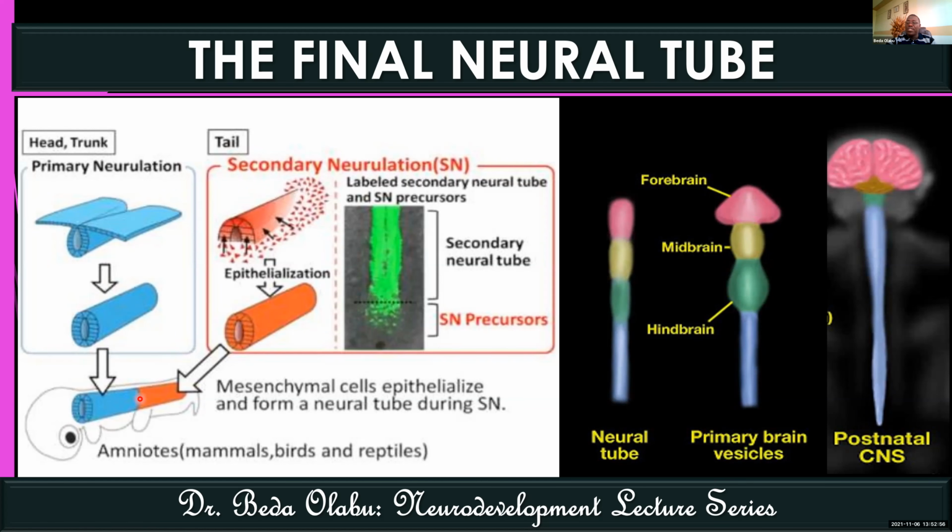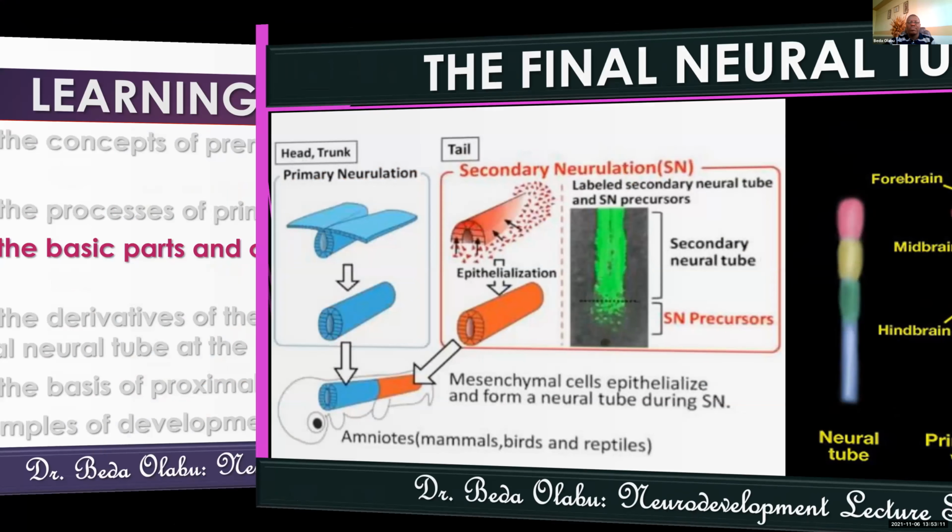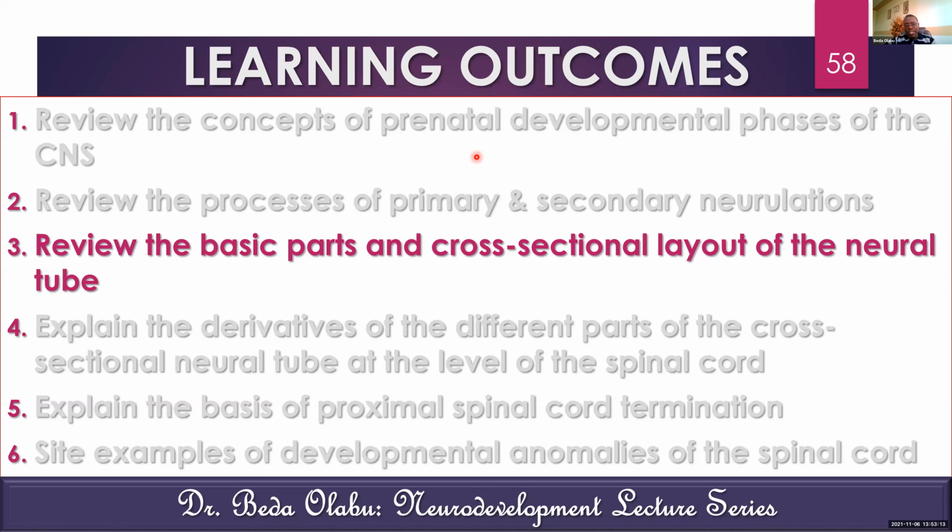The rest of the central nervous system largely comes from primary neurulation. That's why even the disorders we're going to look at are largely revolving around disorders of primary neurulation as opposed to disorders of secondary neurulation. So that is the process of neurulation.